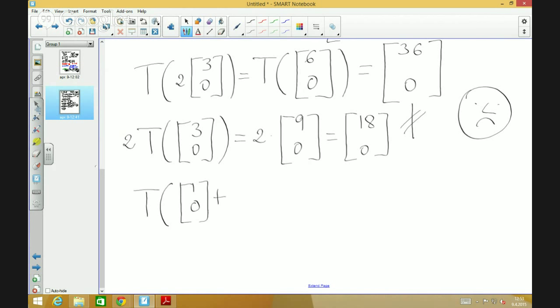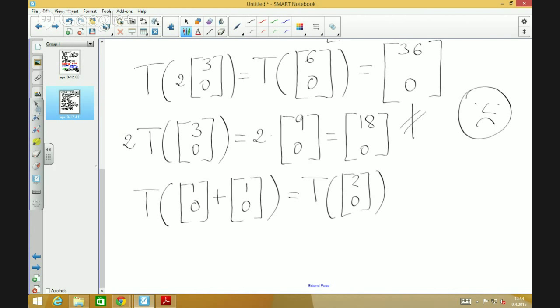Okay, so let's take T applied to the sum of the vectors (1, 0) and (1, 0). Now I think I'm keeping it perhaps slightly too simple. So let's try this. Now, what is this? This is T applied to the vector (2, 0), because I'm summing the coordinates point-wise: 1 plus 1 equals 2, 0 plus 0 equals 0.